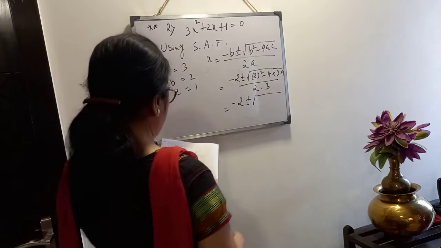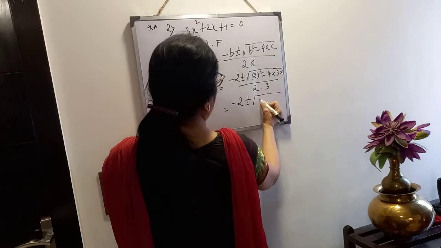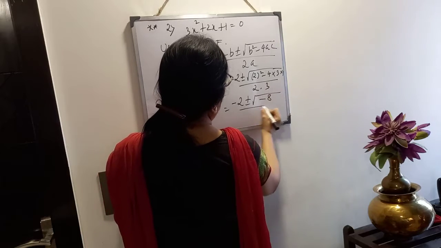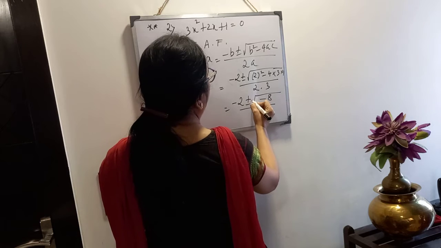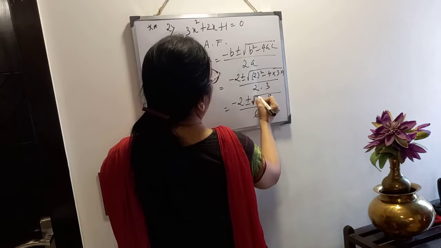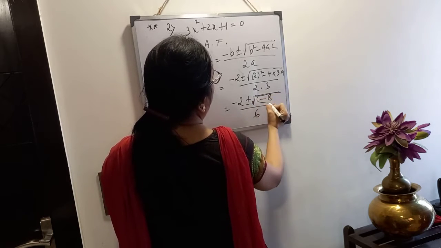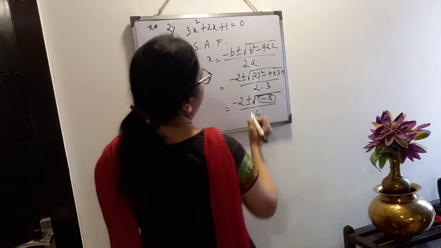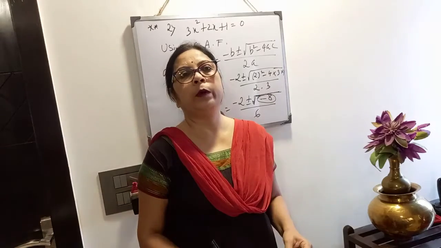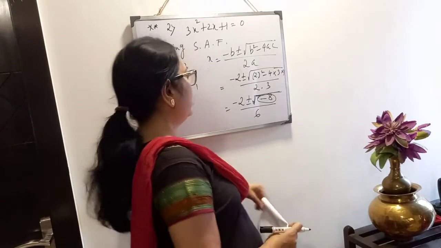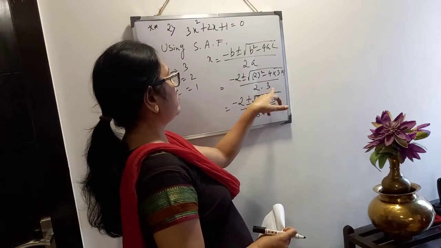So here you are getting 4 minus 12, that means minus 8 by 6. Now you see, under root you are getting negative sign, minus 8, negative sign. So it is imaginary number, or this is called discriminant.